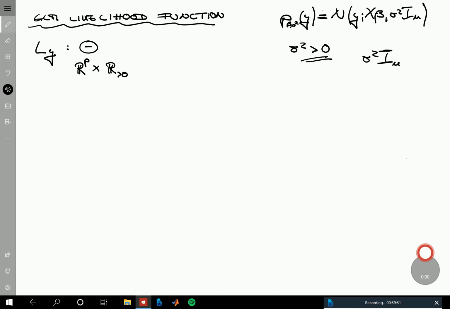Our entire parameter space is then the p-dimensional real vector space where the values of beta lie, times all possible positive real numbers. And that's our theta.